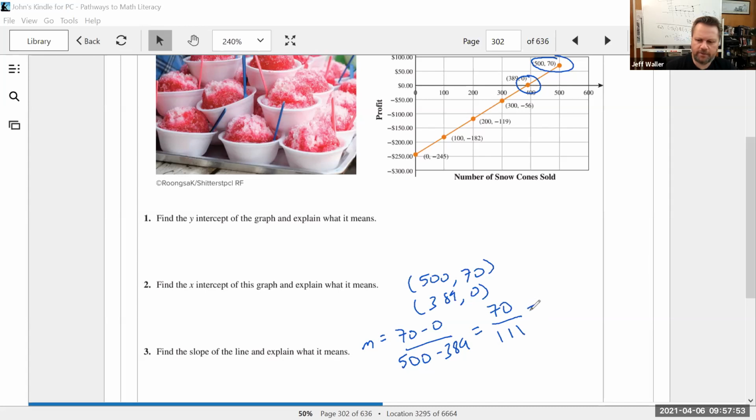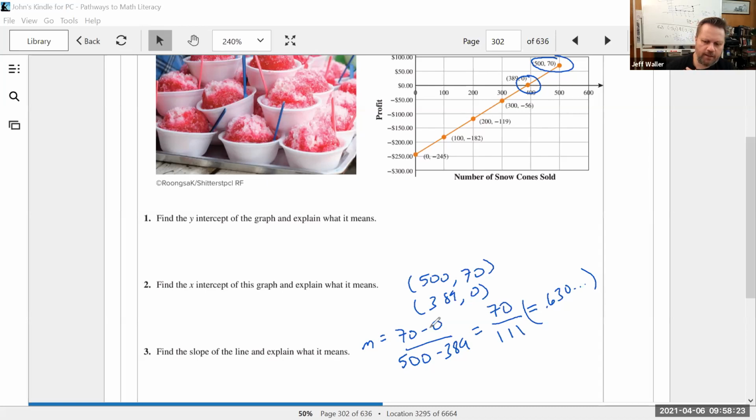And let's take that one more step. Go ahead and divide that and tell me what freaky decimal you get. 0.630630. Ooh, neato. Blah, blah, blah. Okay, I like it.